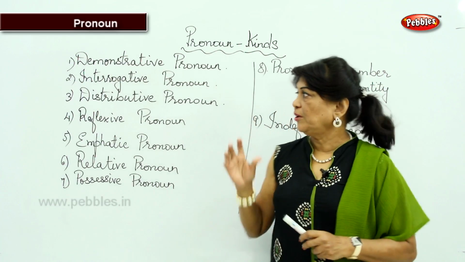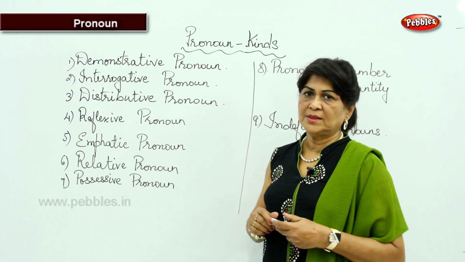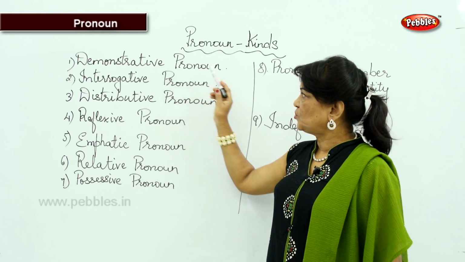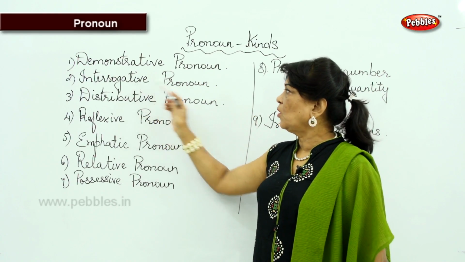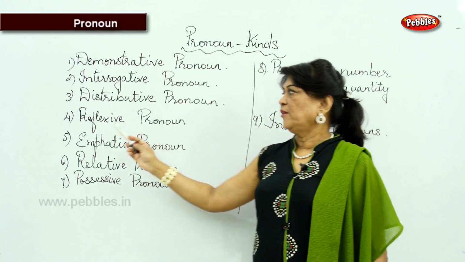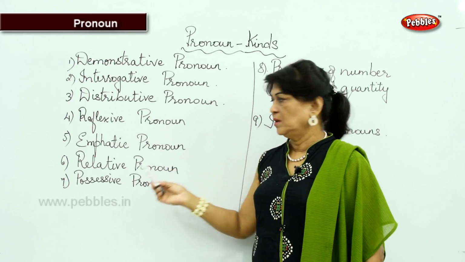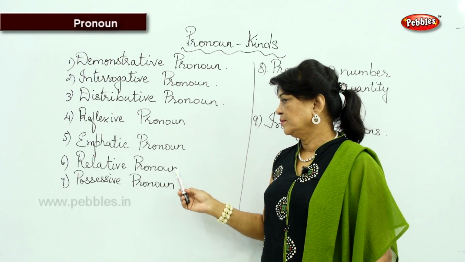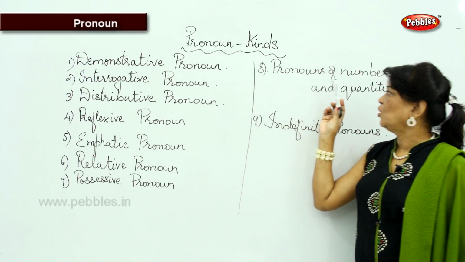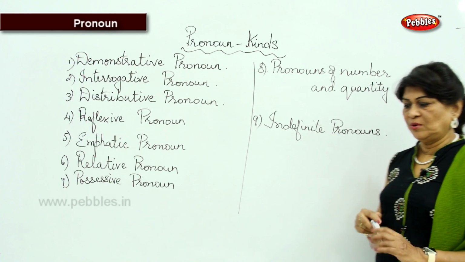These we are going to do each one in detail, and towards the end I am going to give you some exercises. Check whether you have taken down demonstrative pronoun, interrogative pronoun, distributive pronoun, reflexive pronoun, emphatic pronoun, relative pronoun, possessive pronoun, pronouns of number and quantity, and indefinite pronouns.